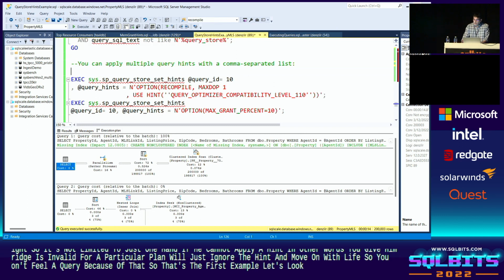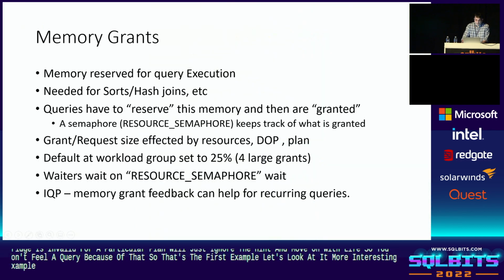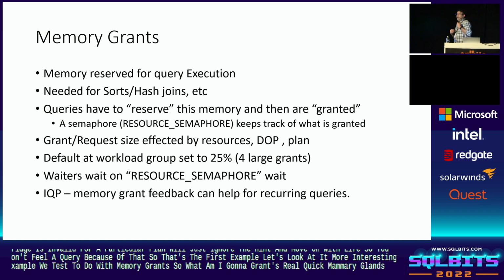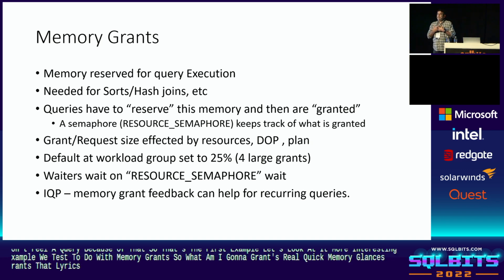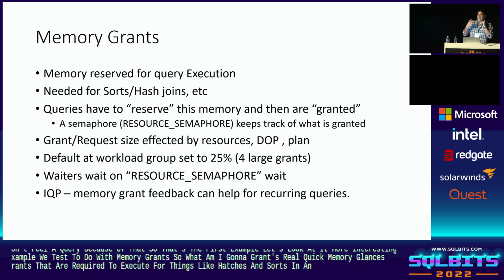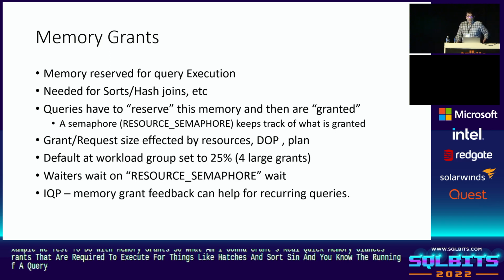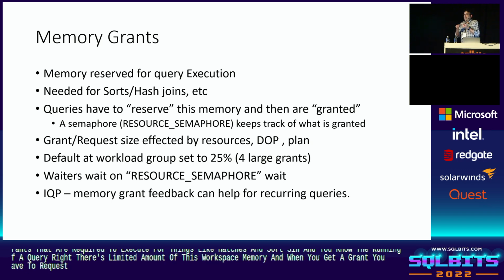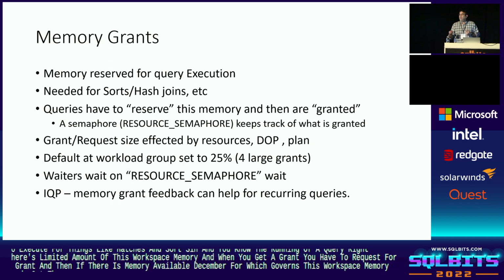Let's look at a more interesting example, which has to do with memory grants. So what are memory grants, real quick? Memory grants are what a query requires to execute things like hashes and sorts and the inner workings of a query. There's a limited amount of this workspace memory, and when you need a grant, you have to request it, and then if there is memory available, the semaphore which governs this workspace memory hands it out.